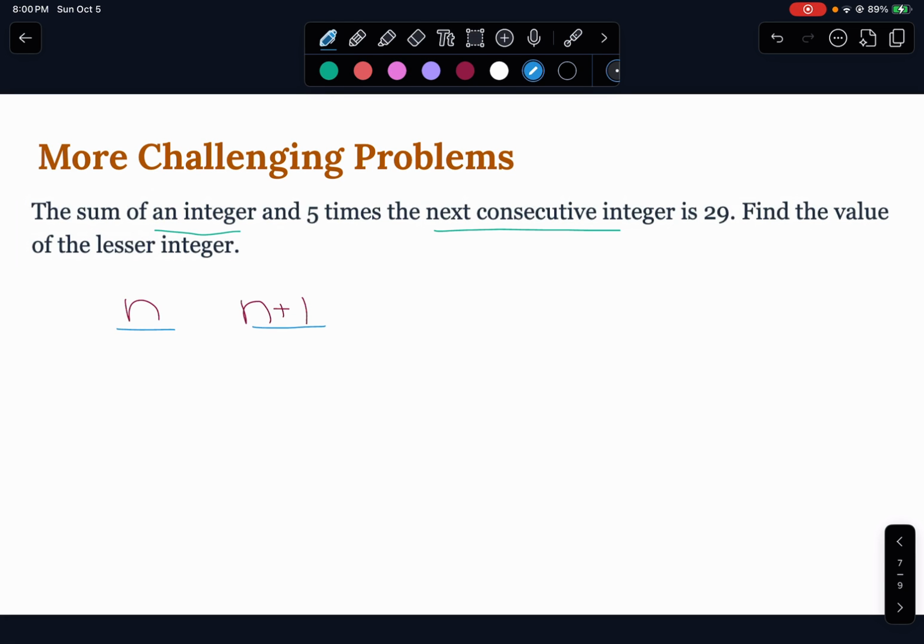Okay, so I can say n, my original integer, plus 5 times the next consecutive. I'm going to write 5 times n plus 1. Just like this. It's going to be 5, and then n plus 1 is in parentheses like this. Because that's going to be my next integer. Equals 29.